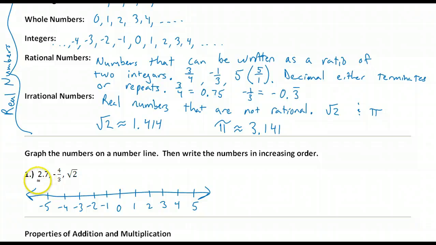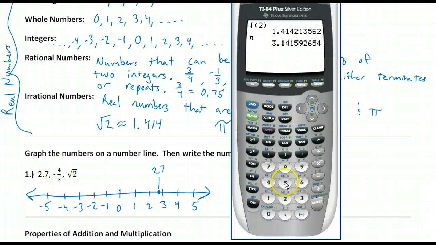So to put 2.7 on my number line, it's between 2 and 3, a little more than halfway. So this point is 2.7. If we want to put negative 4/3 on my number line, negative 4/3 is negative 1.3 repeating.